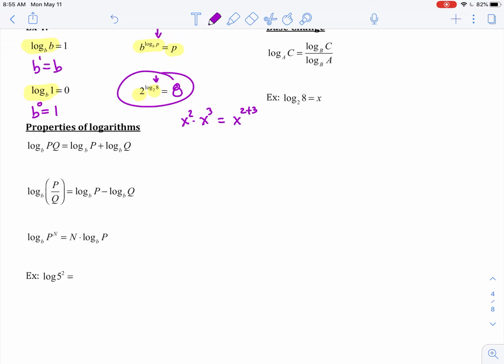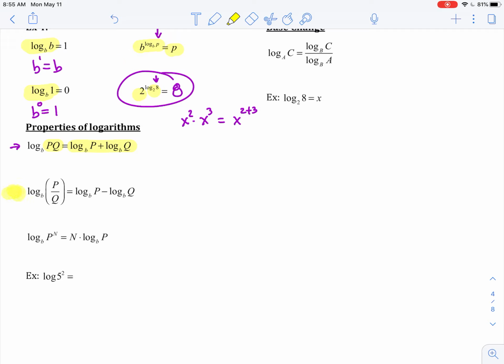Well, logs are just ways of expressing those exponents. So anytime you have a single log product with that one common base, in this case b, that is the same thing as adding those two logs together. So the log of the product PQ base b is equal to the log of P base b plus the log of Q base b.